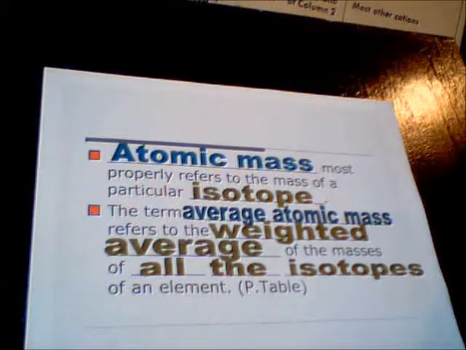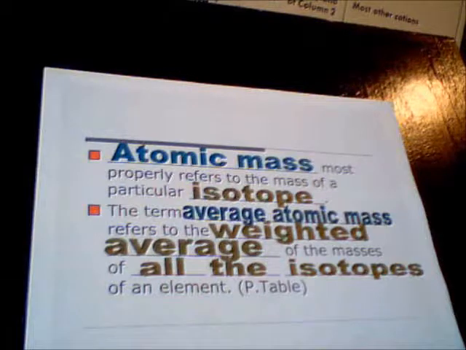So average atomic mass, when you think averaging, you think what? Like adding everything up that you have and then dividing by the number that you added together, right?